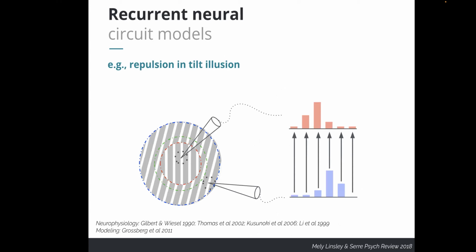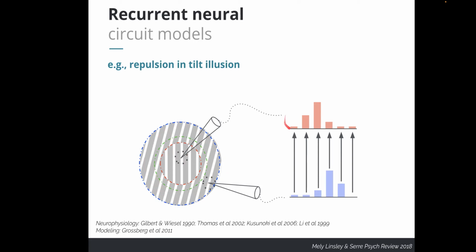Again, I could spend a whole talk describing the myriad of interactions that we've identified. But just to give you a flavor, I'm going to show you a particular kind of interaction when we present gratings with different orientations in a center column and a far surrounding column.